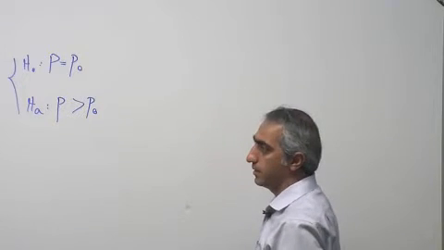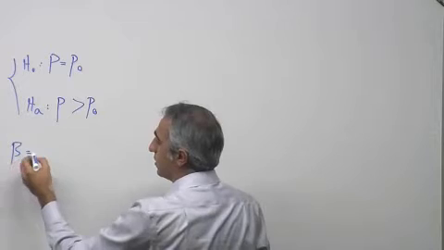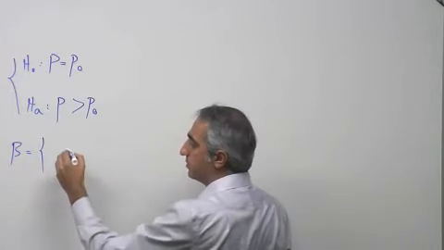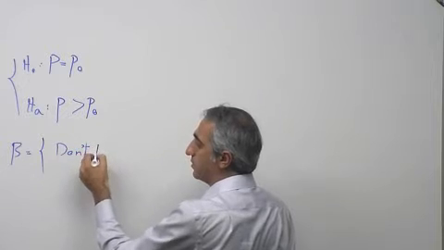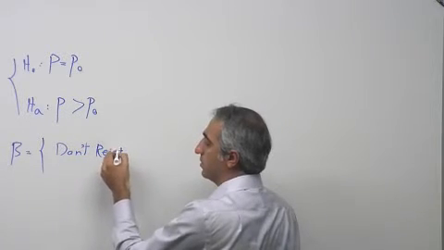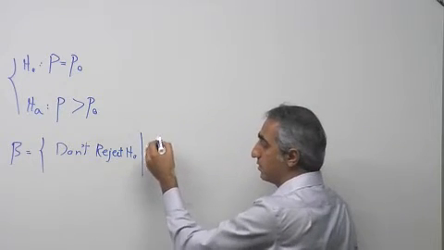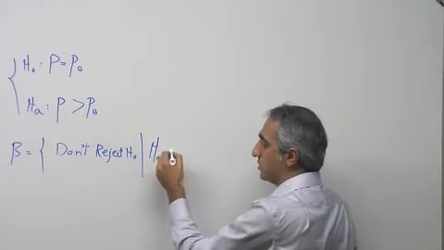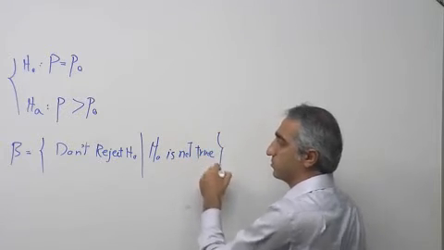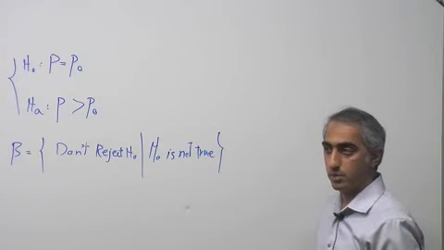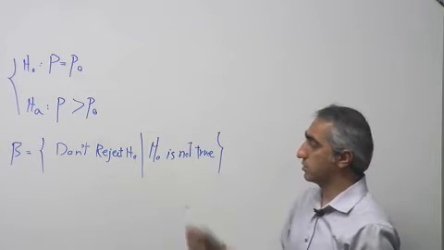Then what you want to do is find beta. So what is the definition of beta? Do not reject H naught given H naught is not true. That's the definition of beta. You agree?